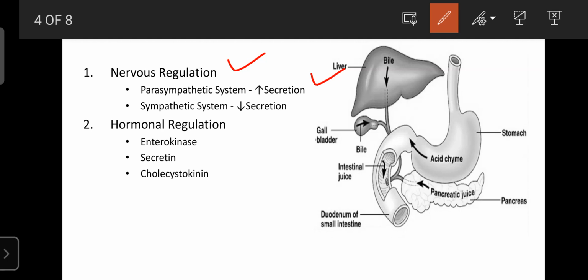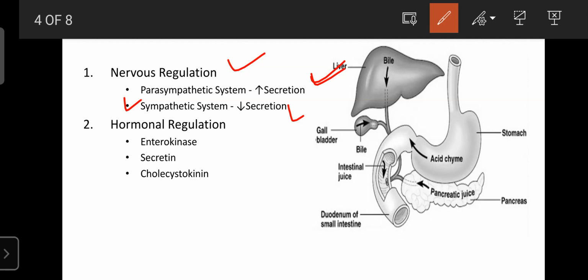When food enters, the cerebral cortex, with the help of smell or seeing the food, can activate the ANS. Then the ANS activates the parasympathetic nervous system, which increases the secretions. When the secretion is completed, it mixes with the food. When digestion occurs in the small intestine, the sympathetic nervous system is automatically activated, and it decreases the secretion. That allows the complete digestion of food in the small intestine.